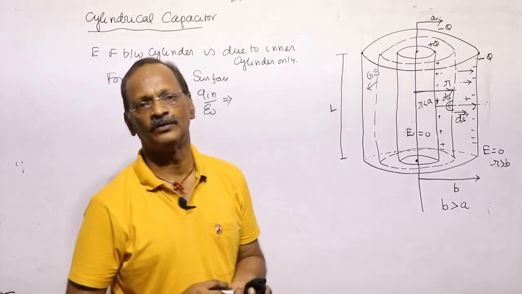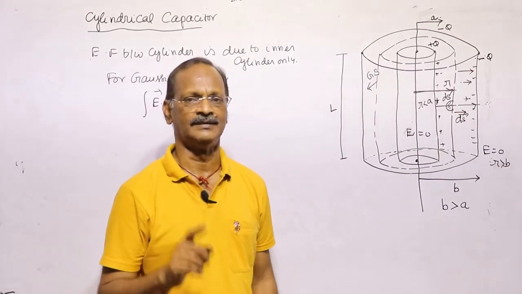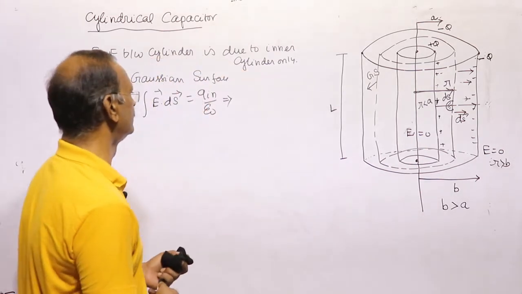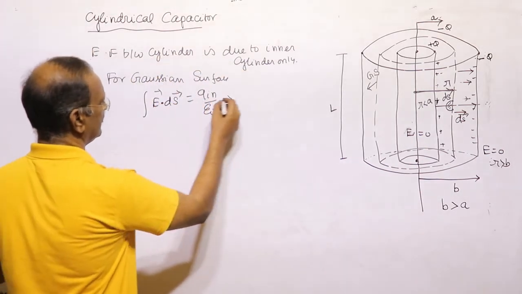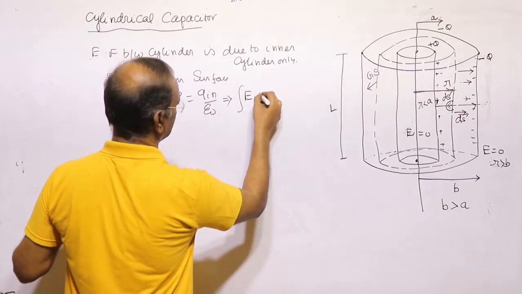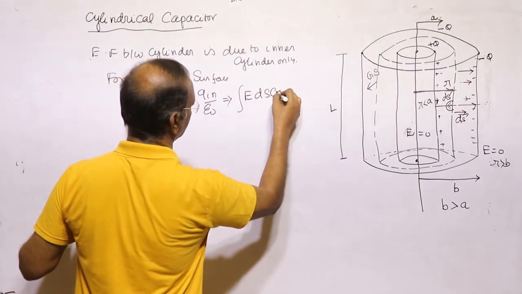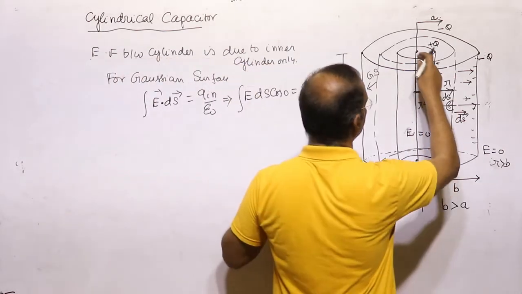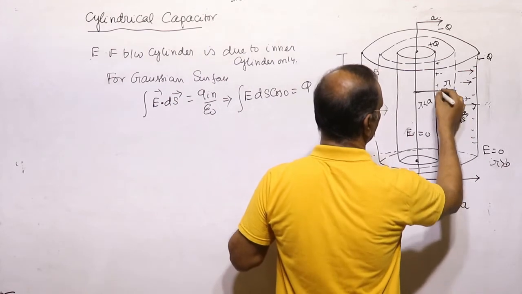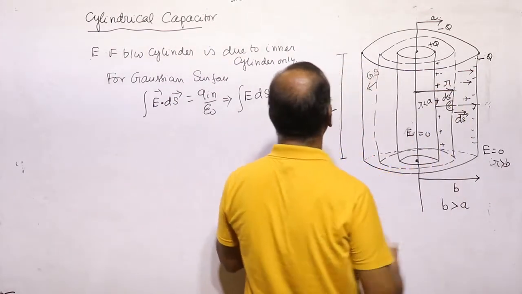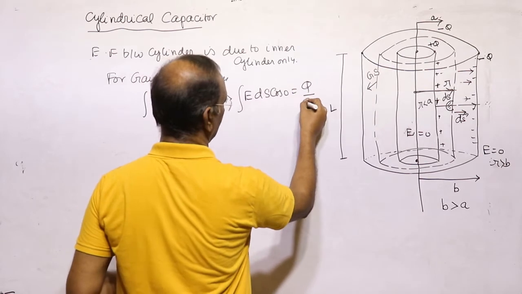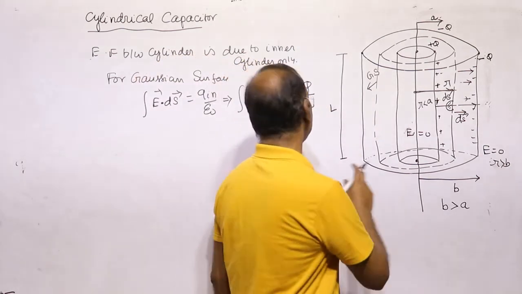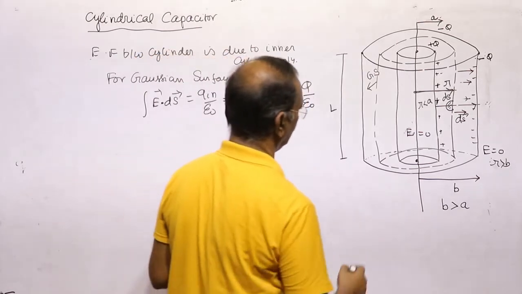Here we have to recollect all the knowledge of potential and electric field due to Gauss law. So we can write E dot ds cos 0 is equal to charge inside, because in this Gaussian surface, only the plus q is included. So we write plus q divided by epsilon naught. You have to understand, because in electrostatics we have studied Gauss law that we are applying here.